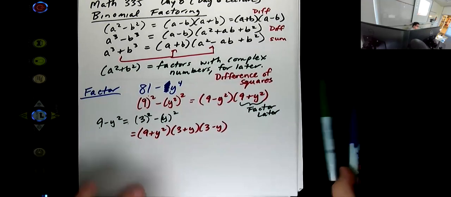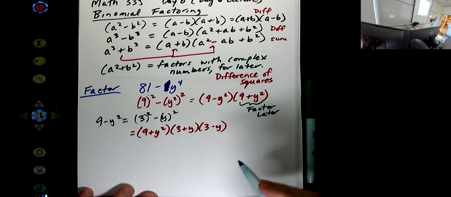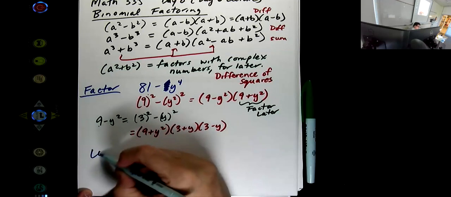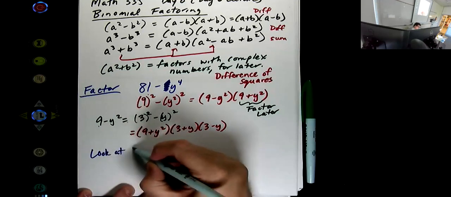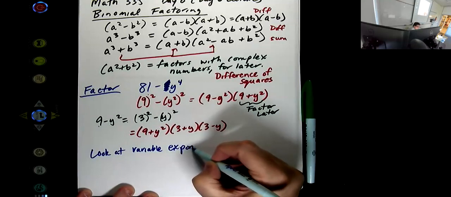So to figure out which one you're doing, it helps to look at the variable exponent when there's only 2 terms.